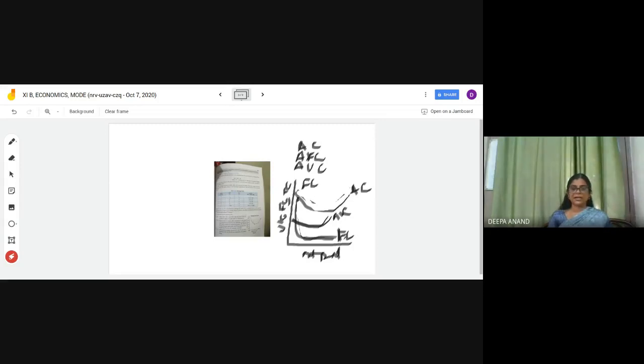Number one, AC curve will always lie at the top because it is a summation of AFC and AVC. Then, as the output increases, the gap between AC and AVC curve decreases.